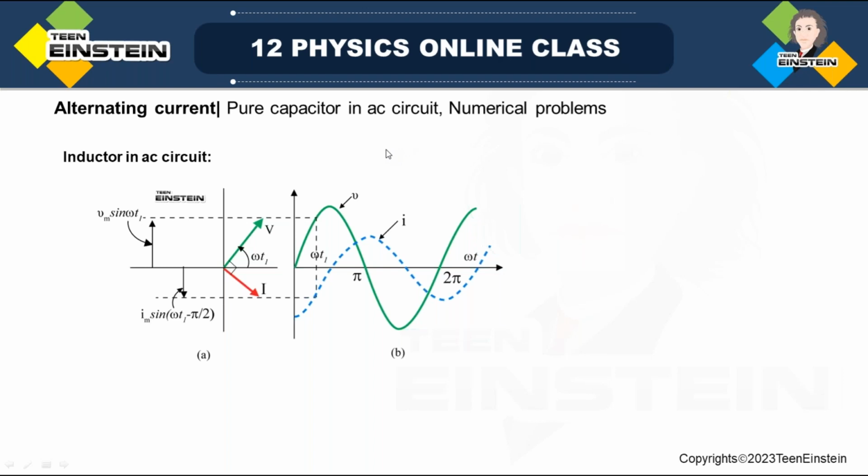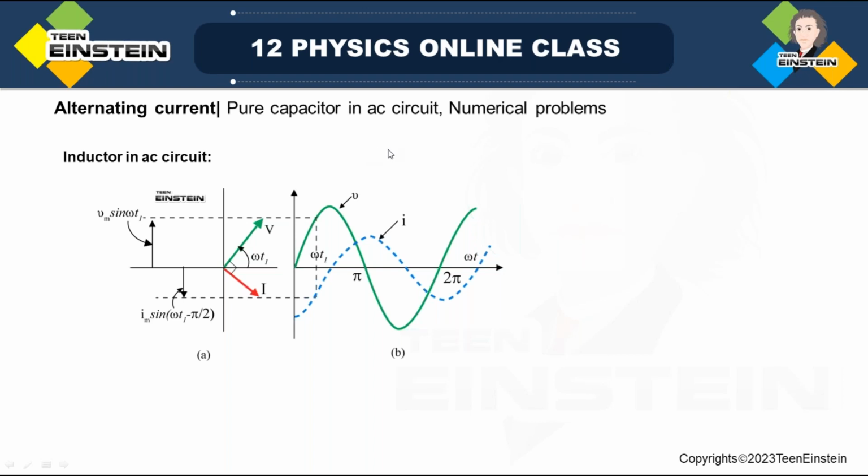And today we'll take up a few numerical problems depending on the topics we have covered, like average current, like average quantity of AC or alternating quantities, then RMS quantities. What is the RMS value we have to calculate?